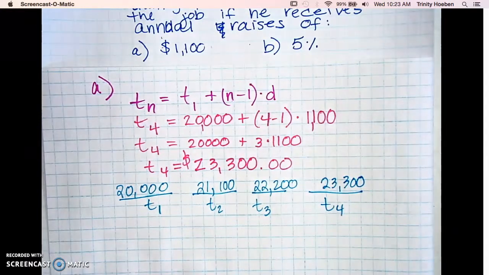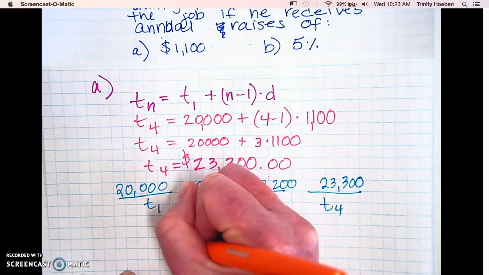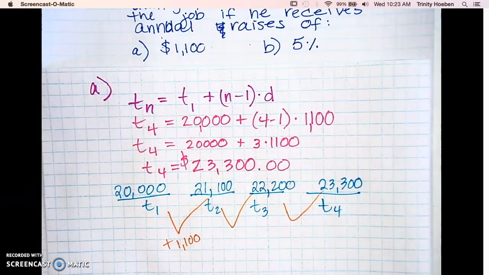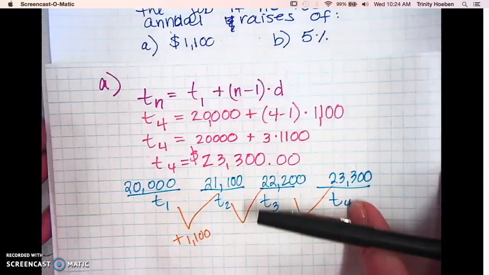Okay? Simply by just going from year to year, add 1,100. Add 1,100. Add 1,100. Okay? Any questions on doing it with the arithmetic sequence formula? Anybody still copying that down?